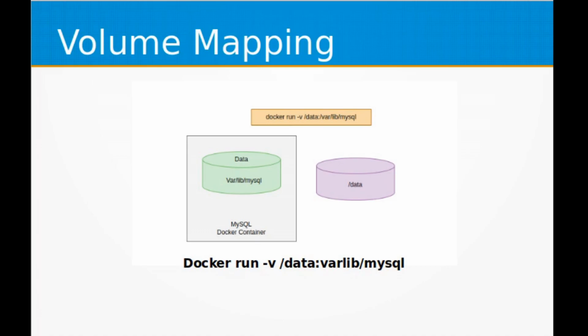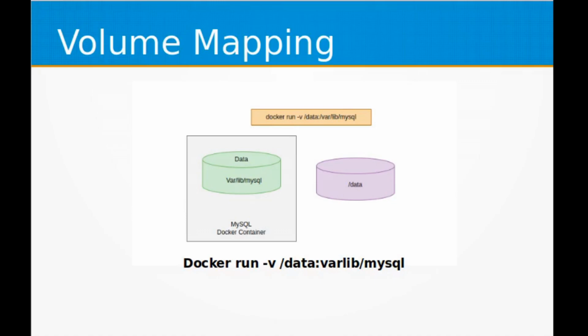In simple terms, it is just a backup data storage which we are taking along with our container storage, and we are mapping it so that we have a backup of our data.